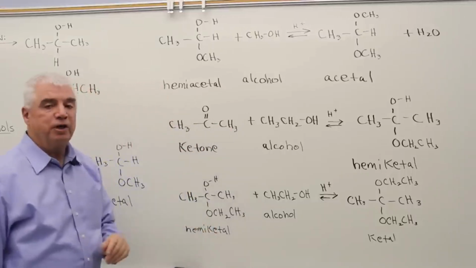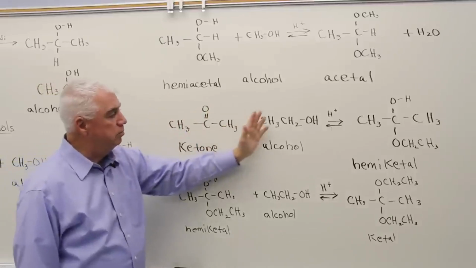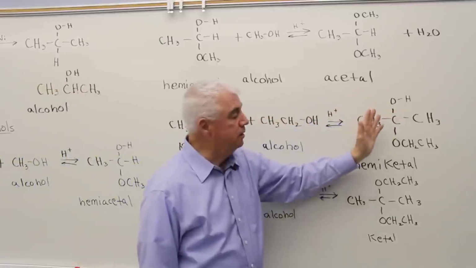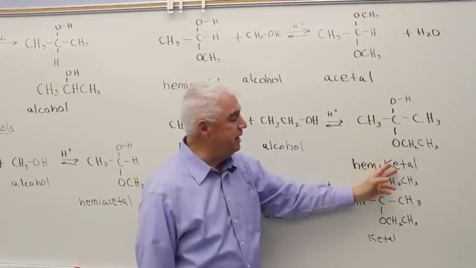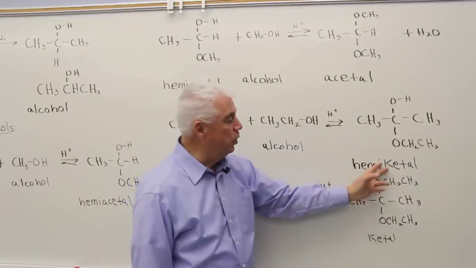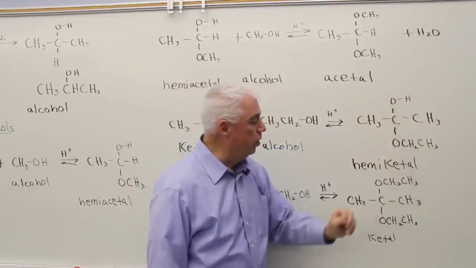Well, ketones can do this exact same thing. We've got a ketone plus an alcohol to give us a hemi product. This time we call it a hemiketal, the K reminding us that the ketone was a starting material, an OH with an OR.